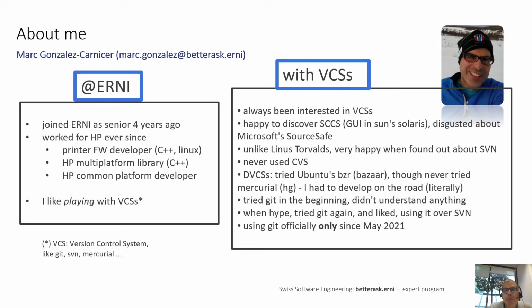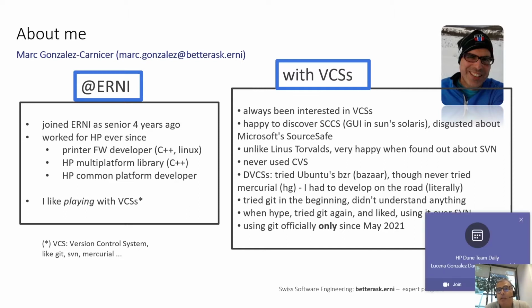When it became more popular, like 6 or 7 years ago, I tried it again. I liked it. I understood a little bit more. And I like it so much that at work I often use it over Subversion. So I have, in the same folders, the Subversion files and the Git files. Actually, I have not been able to use Git officially until this year, but I have used it for many years now.